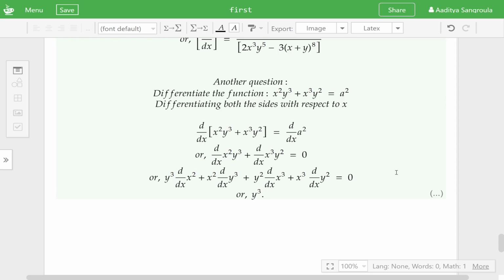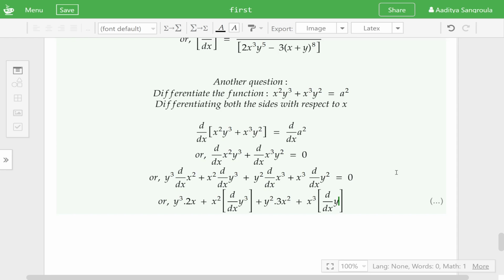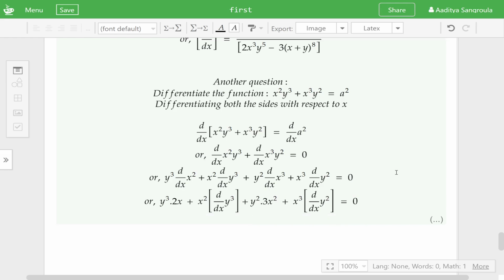So the derivative of x squared is 2x, plus x squared times the derivative of, I'm copying the steps this time only, plus y squared dot 3x squared, plus x cubed times the derivative of y squared, and d over dx of 0 is equal to 0. So simply you do it like this.